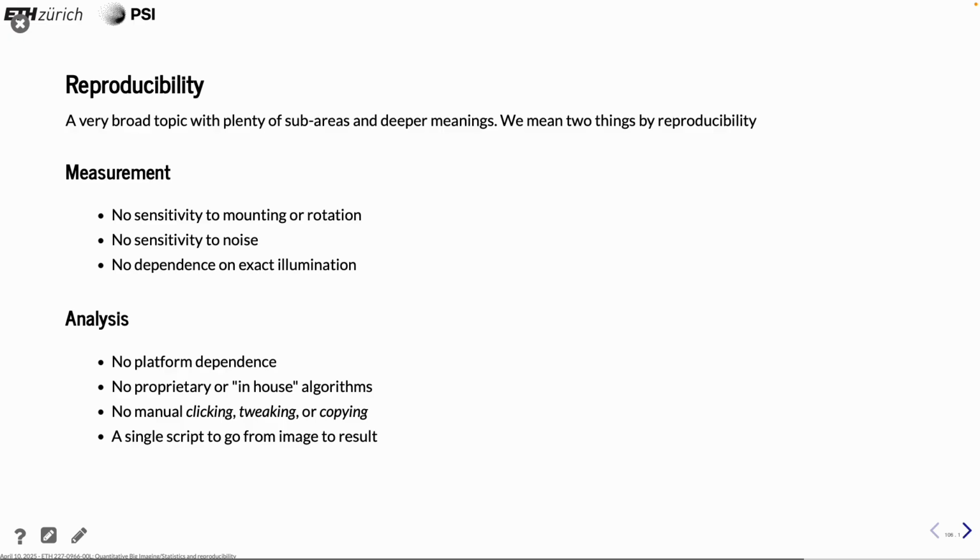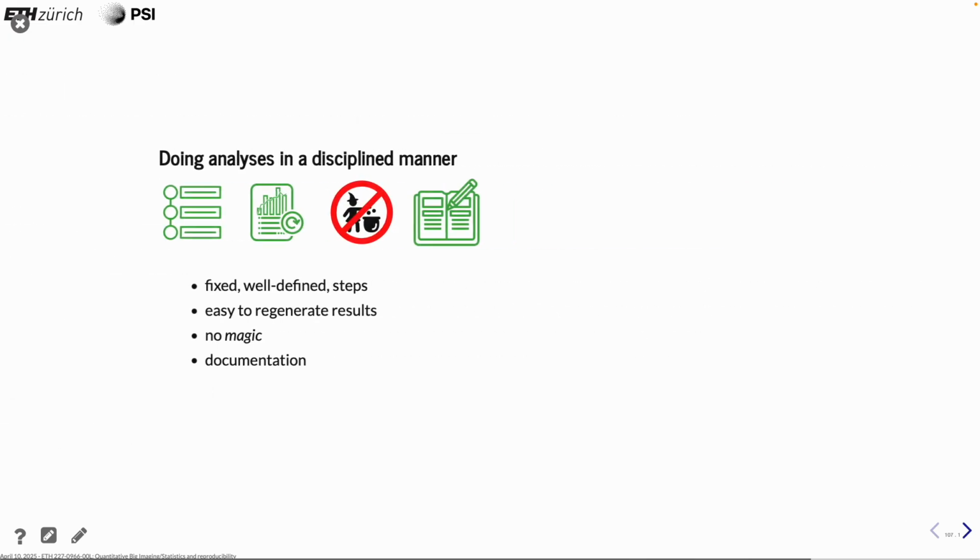In analysis, you should try to avoid clicking, tweaking, and copying tasks, because that is always prone to errors. And the best way would be even to produce a single script that goes from image to result. It can be split down into several subtasks, but everything should be called in a single do-all script in the end.